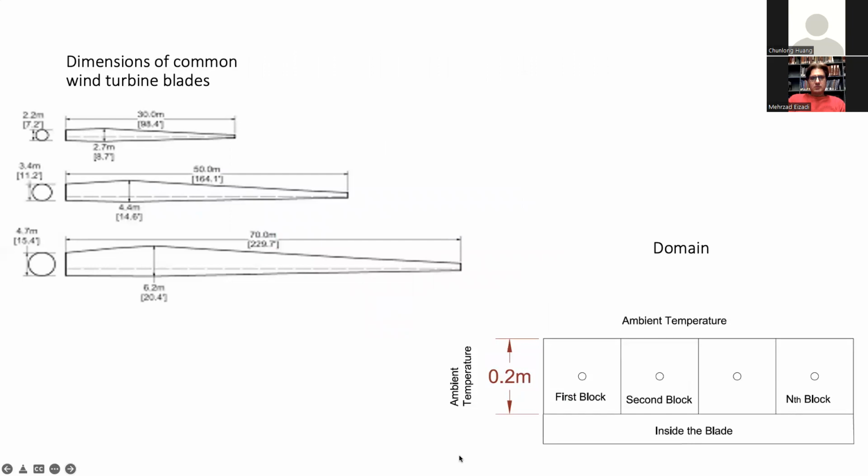First, we are going to talk about the domain. An actual blade is not a perfect rectangle, but we picked a small domain size so that every block can be considered as a rectangle.